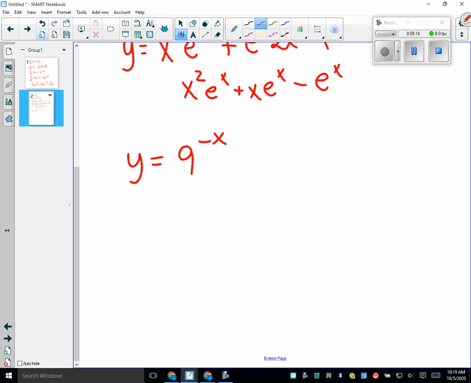So what's the derivative? 9 to the negative x ln 9, times what? Negative 1. So can I put a negative out here? If you want to. Because I have to make sure it's times negative 1.